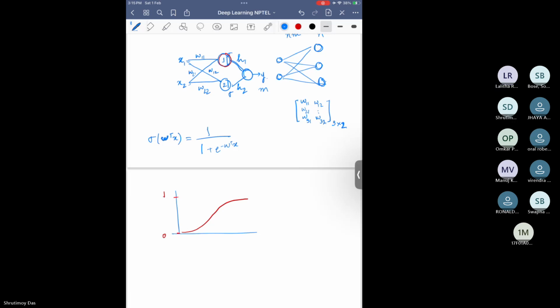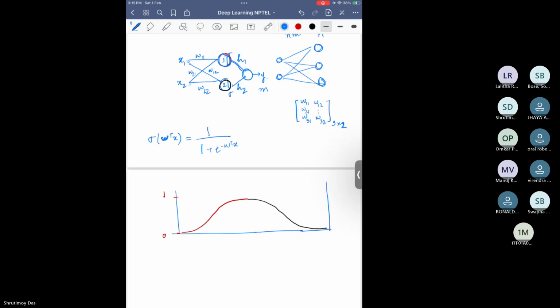Suppose for this one we have some other sigmoidal or logistic function. Say the learned w is negative, so it looks something like this. I'm just showing this for explanation.